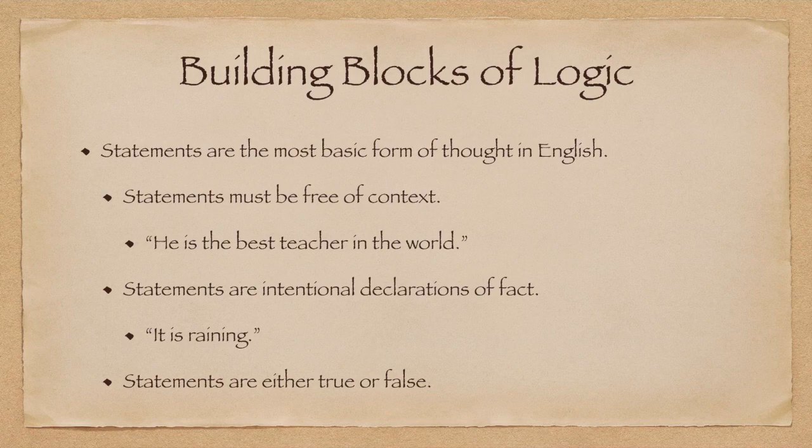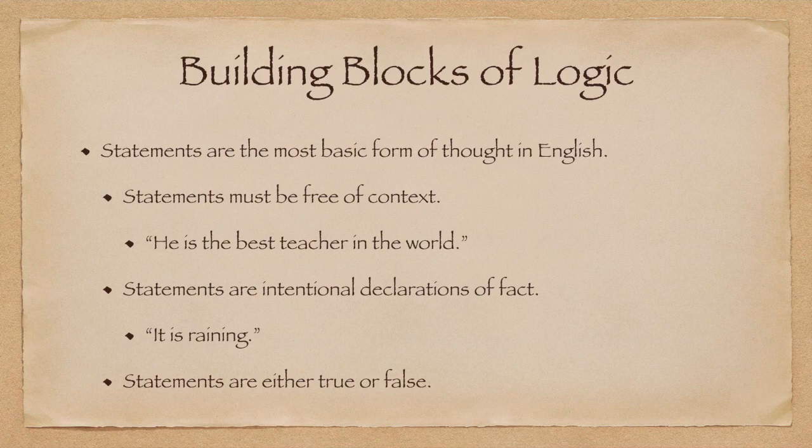Second, statements are assumed to be intentional declarations of fact. If we wish to evaluate the validity of someone's statement, we must first acknowledge that the person who is making this statement is, in fact, able to make a sound declaration that this is a fact. The example sentence, "It is raining."